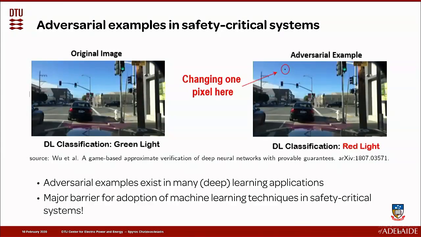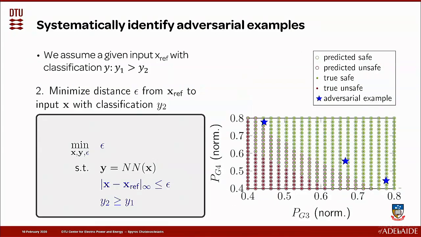So how do we do it? Here we actually minimize. So again, imagine that we take a point right here. Again, the same system, 9 bus. What we see here is in two dimensions, the red dots are the actual unsafe points, and the green dots are the actual safe points.